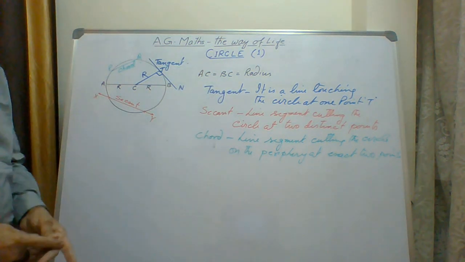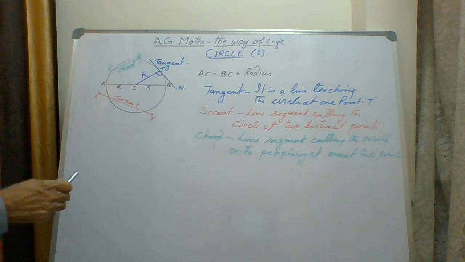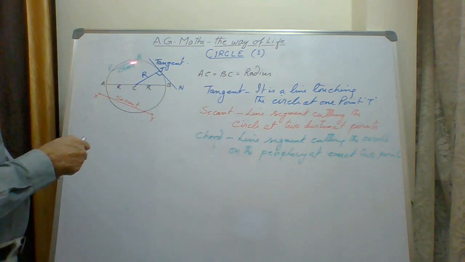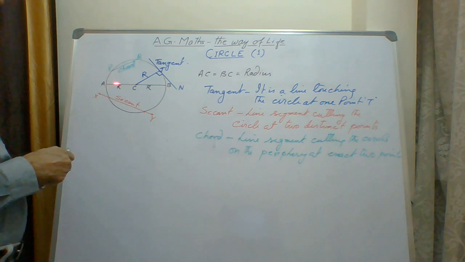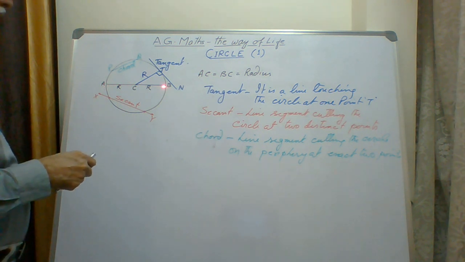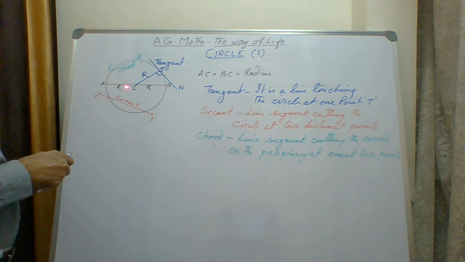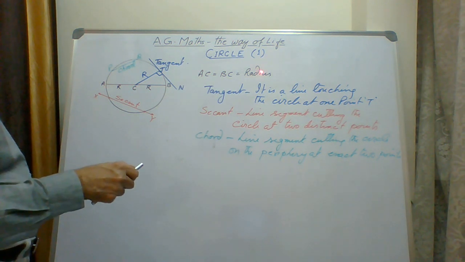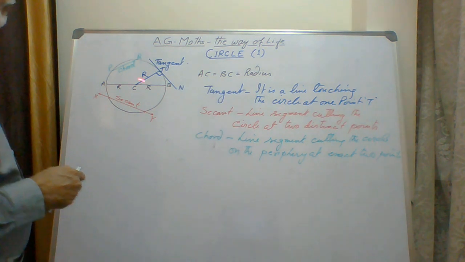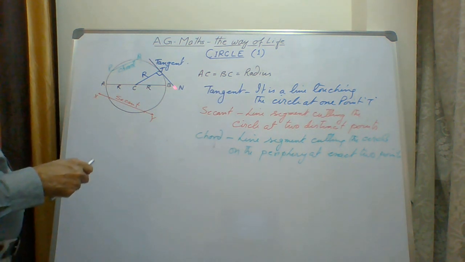So once again I repeat what we have learned in this part. We draw a circle in black ink with the center C and a diameter called AB, which is equal to 2 times the radius. AC must be equal to BC because these are the radius. Now we have drawn a line here.